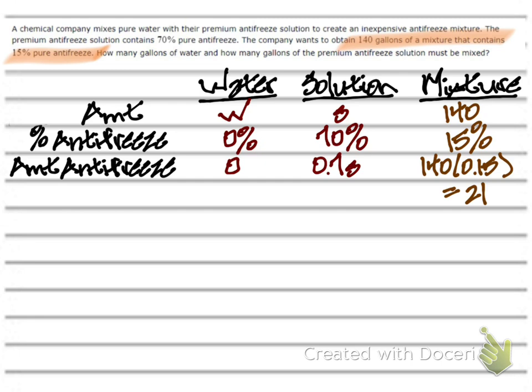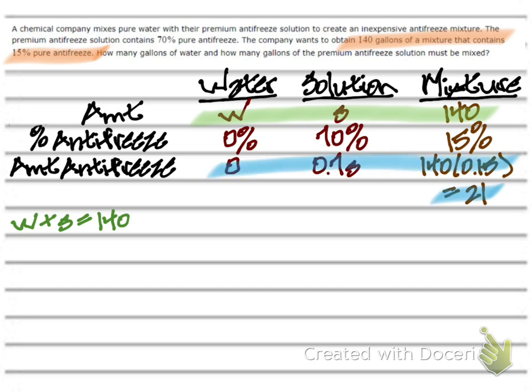So now that I have my chart filled out, I can pull my equations. My first equation is coming here, right? So W plus S is 140. My second equation is coming from here, right? Which is going to be just 0.7 S equals 21, because there's no antifreeze in water, right?